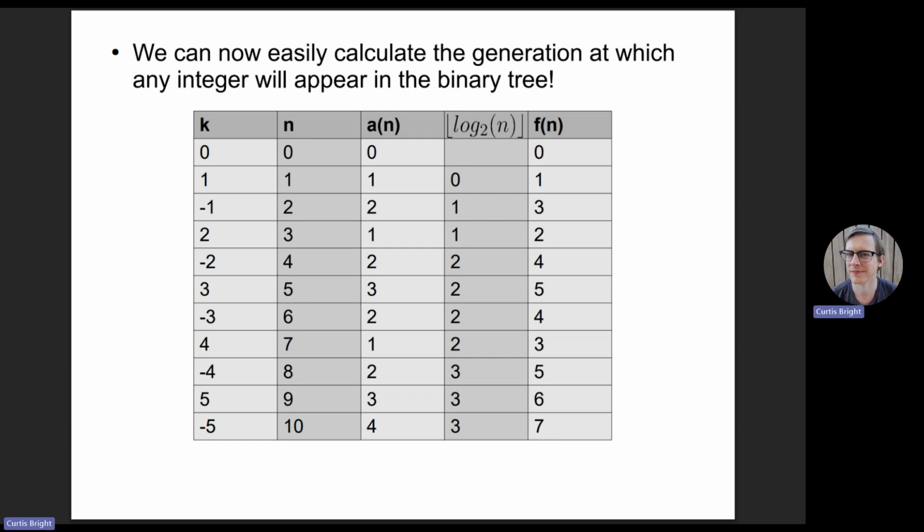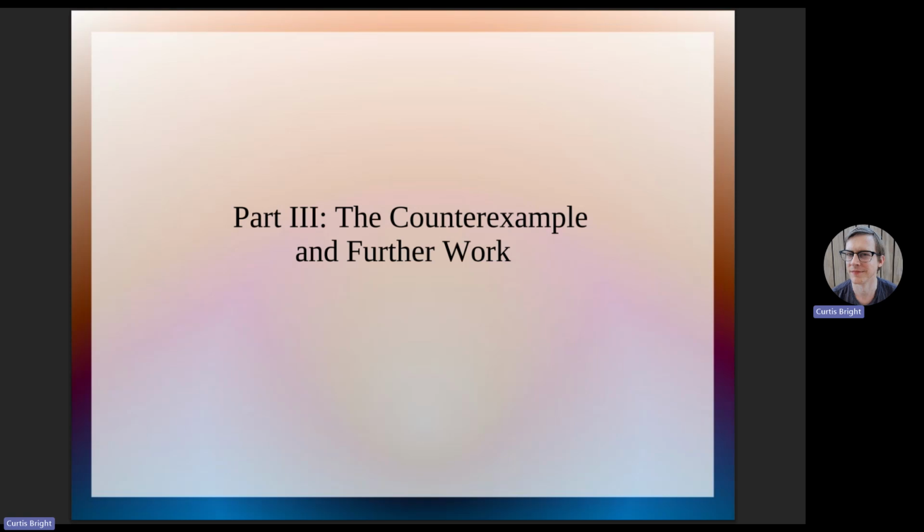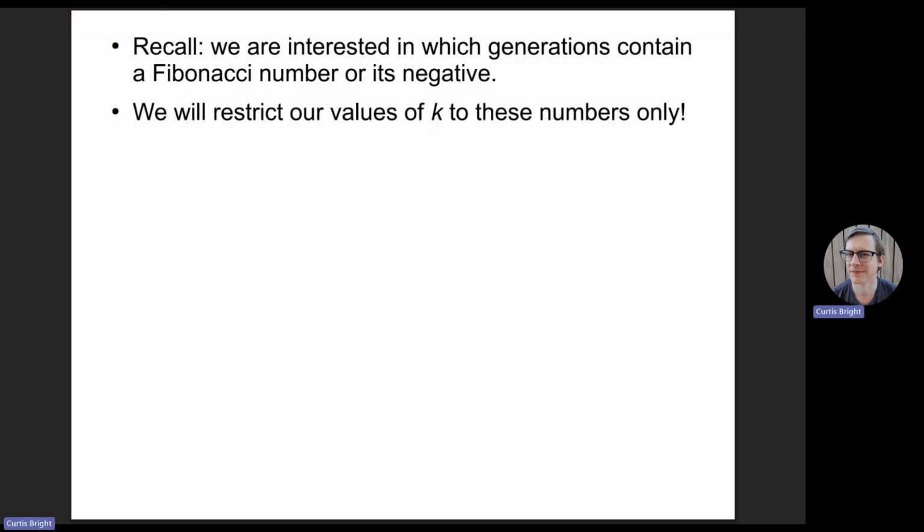So what does all this tell us then about the original problem? So there is a counterexample that we found. And again, remember, we're interested in which generations contain a Fibonacci number or its negative. So we don't care where all the integers occur. We're only looking for where those Fibonacci numbers are.